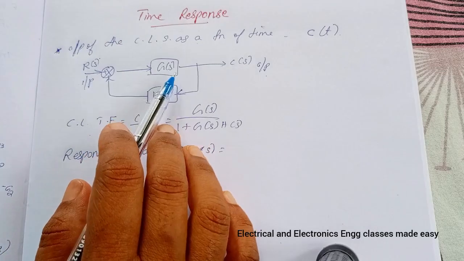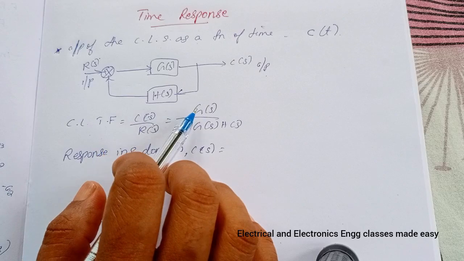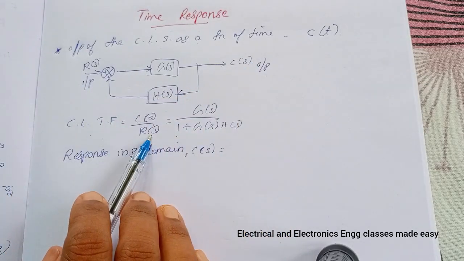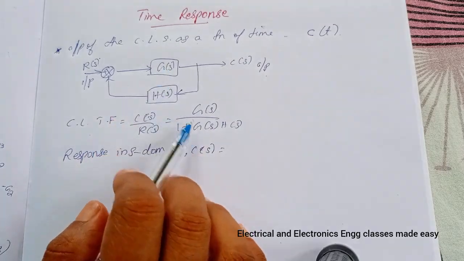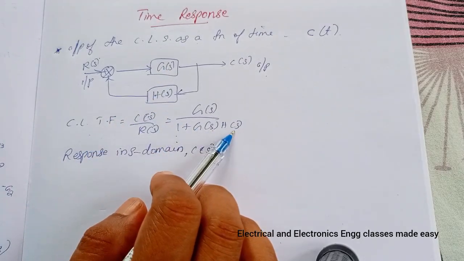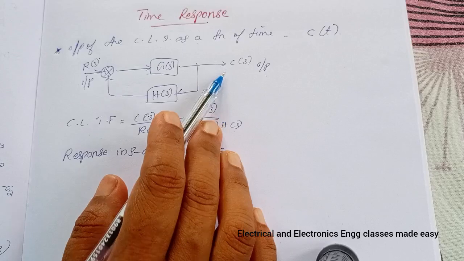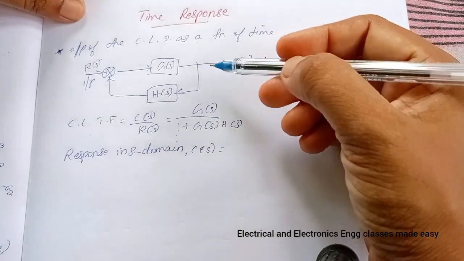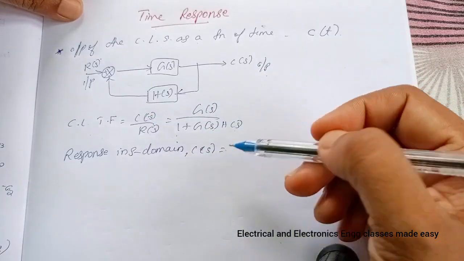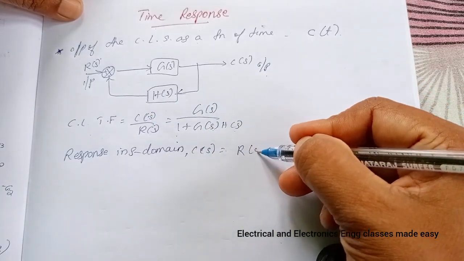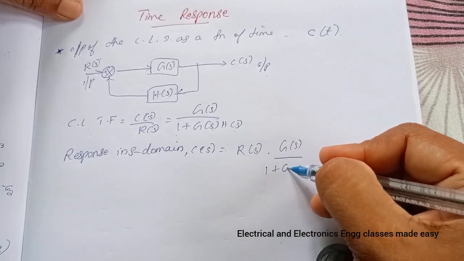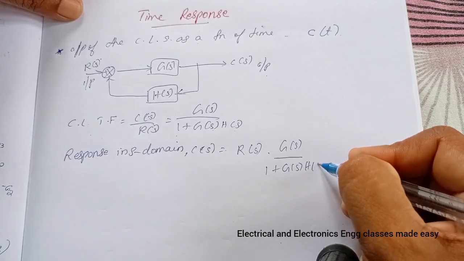Here the closed loop transfer function is C of S divided by R of S, and that is equal to G of S divided by 1 plus G of S H of S. So the response in S domain is C of S, and that is equal to R of S into G of S divided by 1 plus G of S H of S.